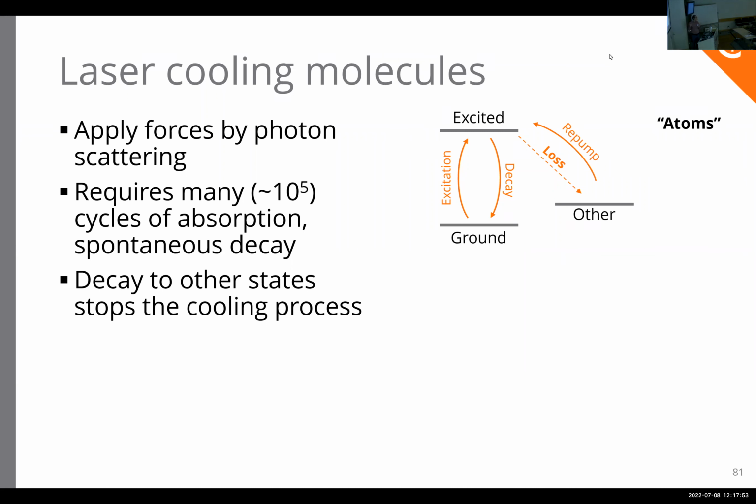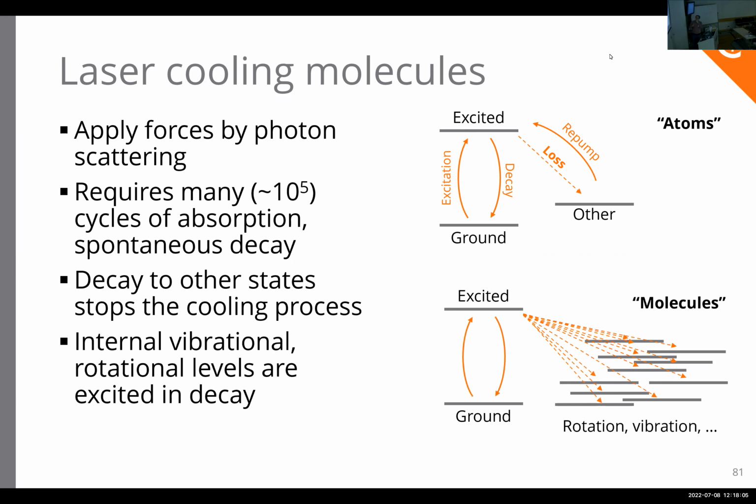This is very common. You almost always need lasers like this, even for simple atoms. You need 1 or maybe 2, and we call this a repump. And that's fine. But the problem is, as we saw, molecules are a horrifying mess. And so these excited states can and do decay to a big forest of rotational and vibrational states, especially.